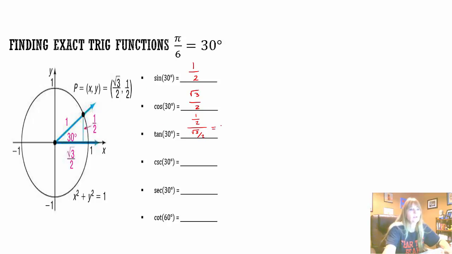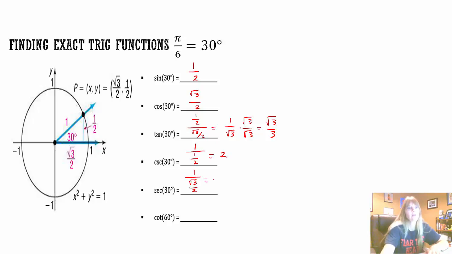And so the 2's cancel, so 1 over square root of 3 times square root of 3 over square root of 3 equals square root of 3 over 3. The cosecant, which is 1 over the y value. The secant, which is 1 over the x value.